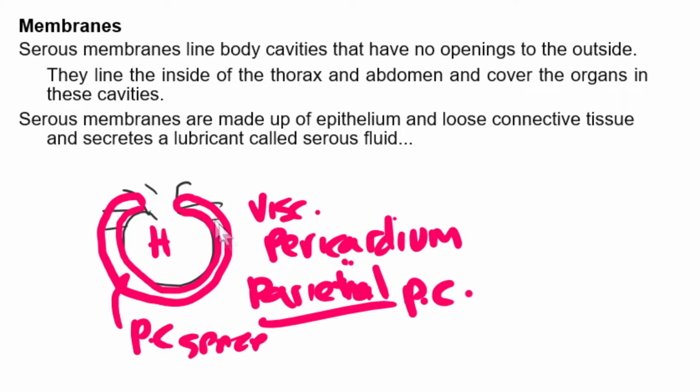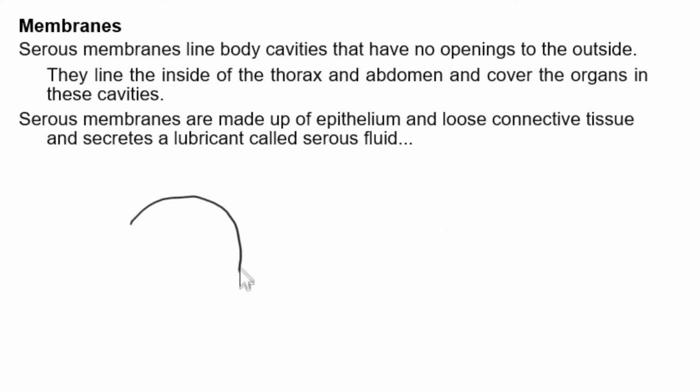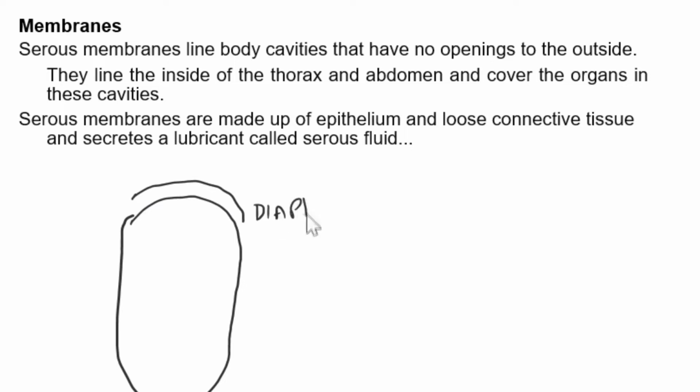And there's serous fluid in there, which helps lubricate the heart and allows it to pump in its little space there. The last one we have here, we're going to draw above here. This is the diaphragm. And remember, this is our lungs, and this is our thorax.